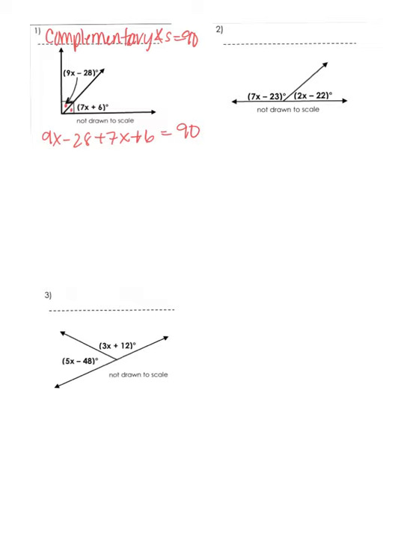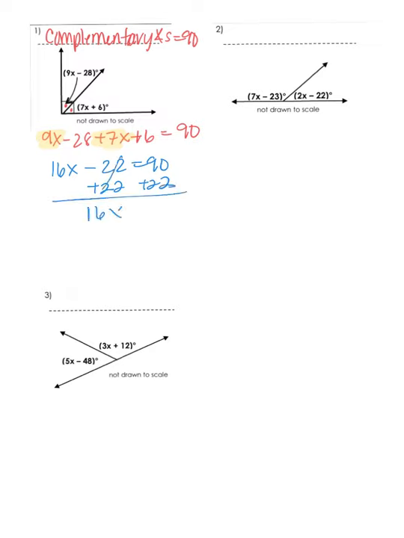What I'm going to do is combine like terms, so here and here. So you have 16x minus 22 equals 90. Add 22 to both sides.